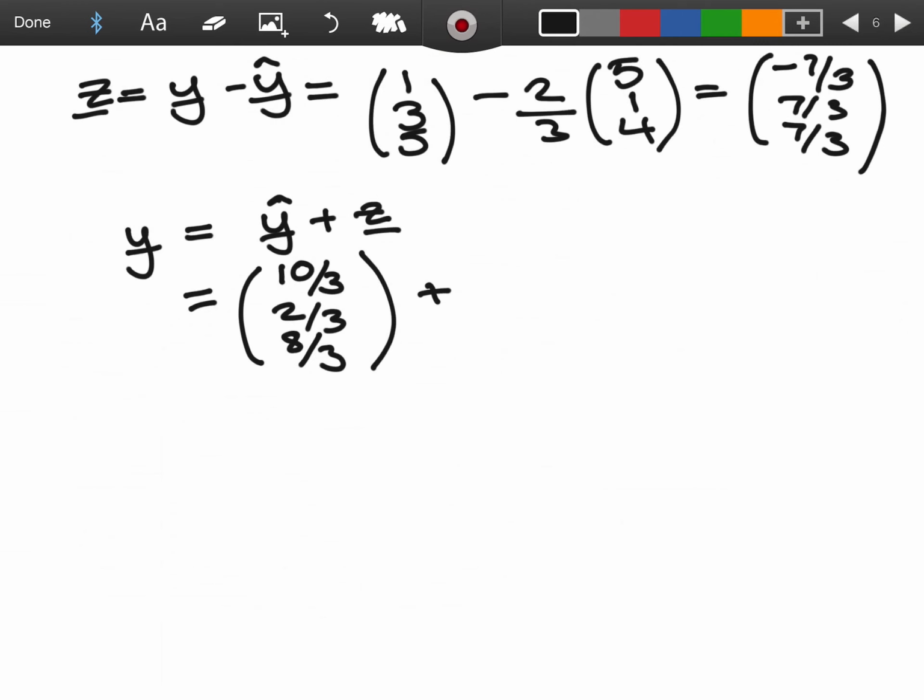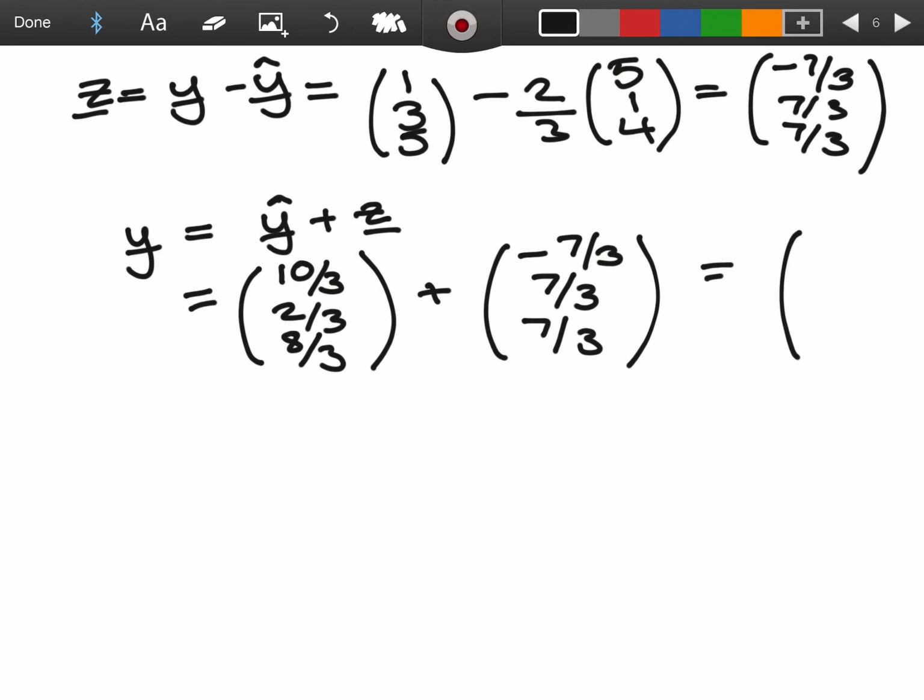And then z we've just found to equal negative 7 over 3, 7 over 3, and 7 over 3. If you add these two vectors together, your top line becomes 3 over 3, which is 1. Your next line becomes 9 over 3, which is 3. And your last line is 15 over 3, which is 5. And that is exactly what y was. So these two things definitely add to y.